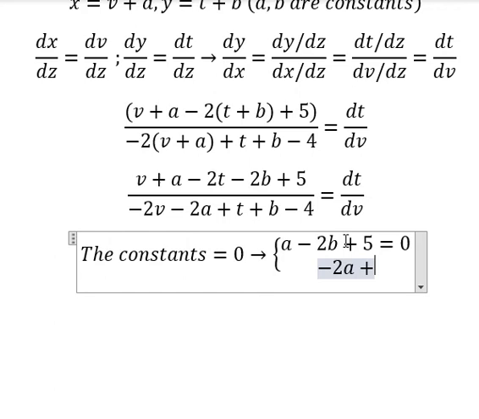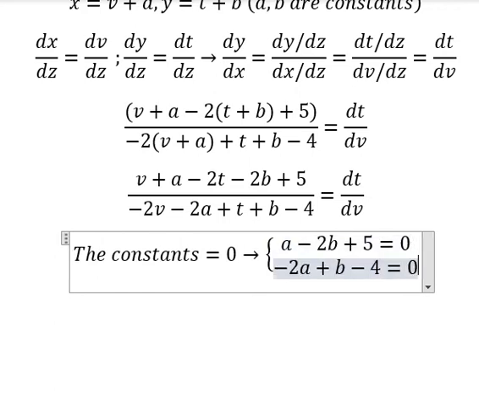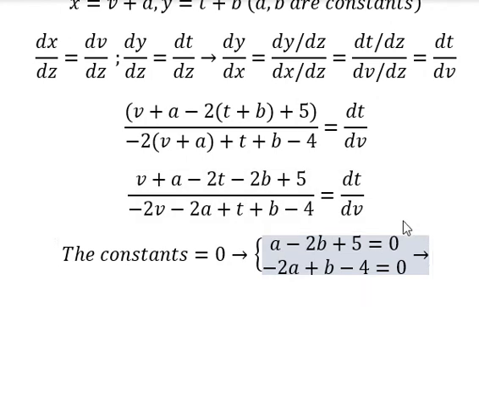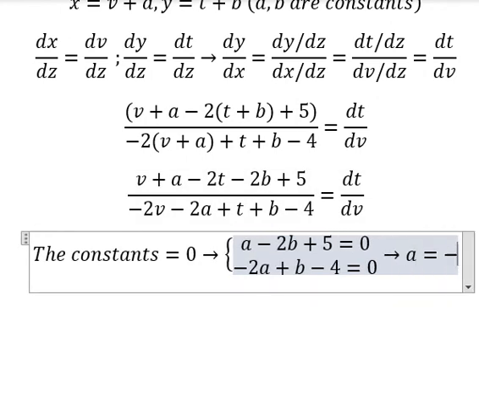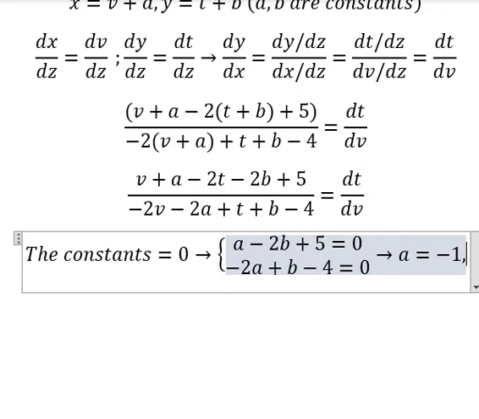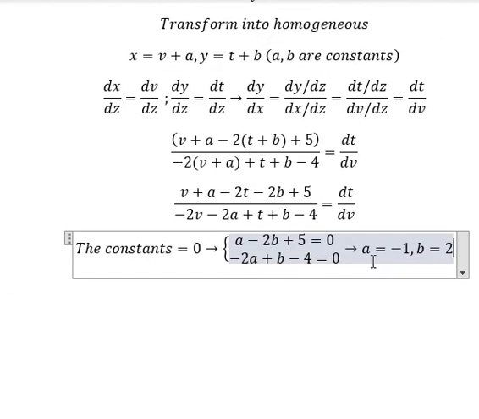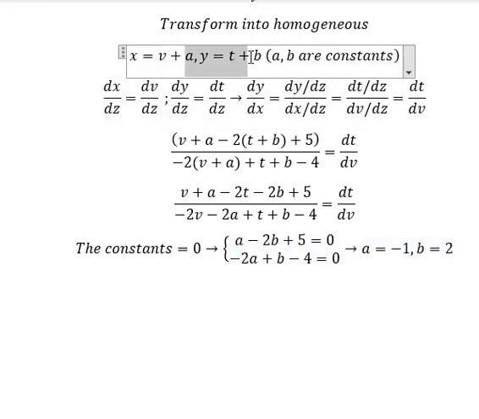Negative 2a plus b minus number 4 equals to number 0. And now we need to find the solutions of a and b. So a equals to negative number 1, b equals to number 2. So we put a and b going here.